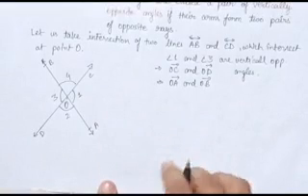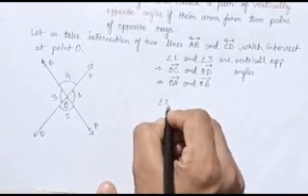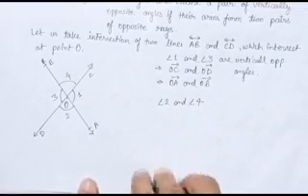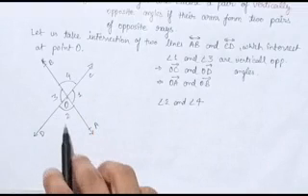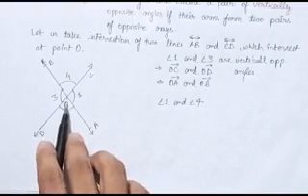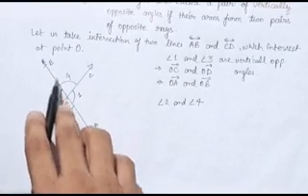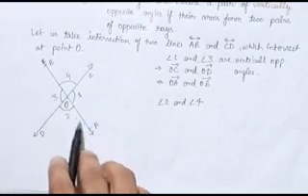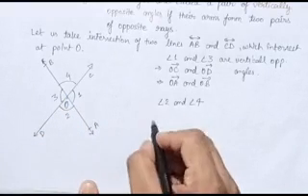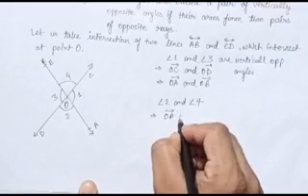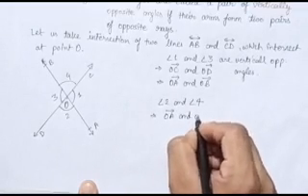Let us see how. For angle 2 and angle 4, you can see that the ray OA of angle 2 and OB of angle 4 form a pair of opposite rays. So the first pair of opposite rays is OA and OB.